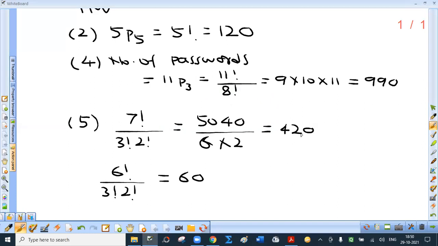Next line. In some of these arrangements, 0 is at the millions place.